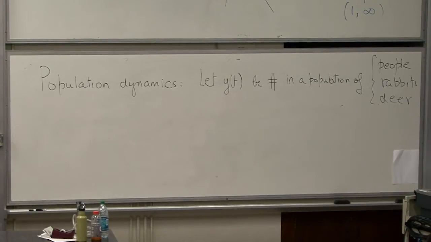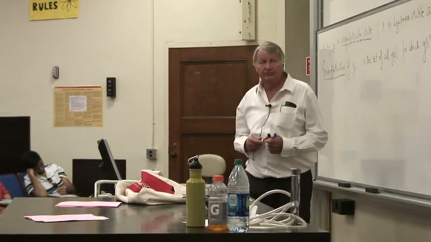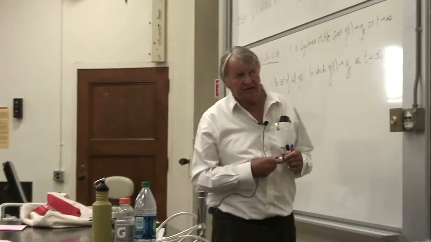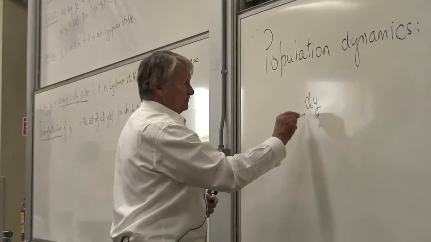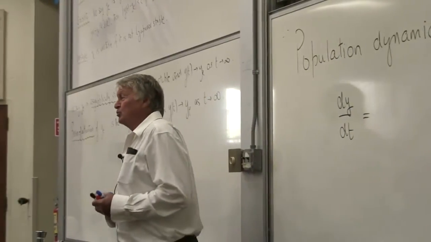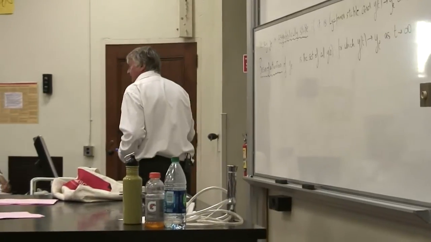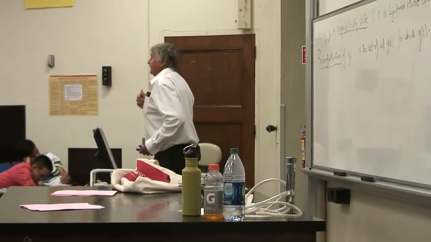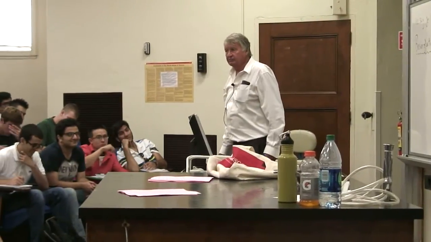So, the first question, which is natural to ask, is the rate of change of y. Let's not get too personal. So on the first example, we'll talk rabbits. Why does the population increase?